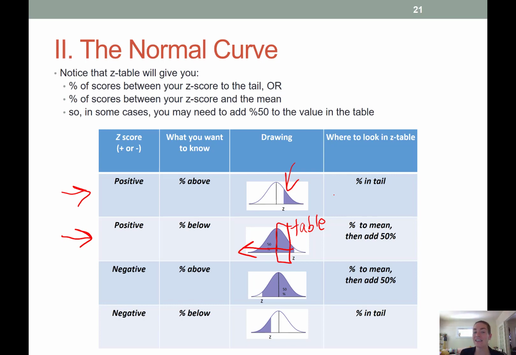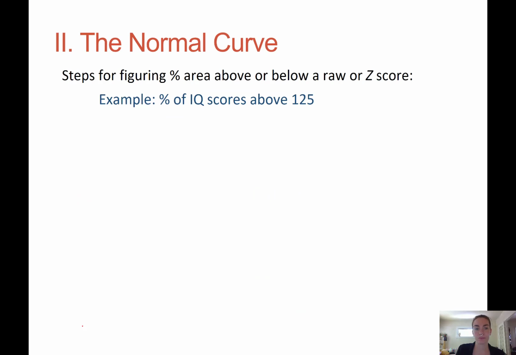And then I need to know to add 50% to that value, because I know that 50% of values are in the rest of that shaded region. Okay. You can look through the next 2 rows to try to get a sense of the information there, and let me know if you have any questions.